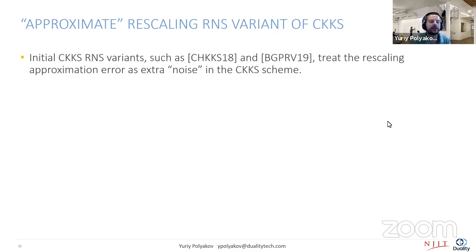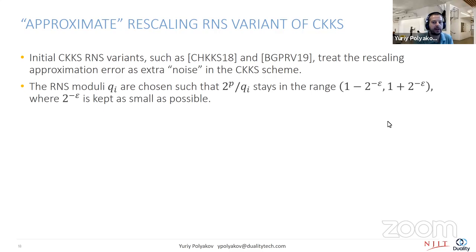So in the initial CKKS RNS variants, essentially the one that was implemented in HEAAN RNS and the one that was implemented in PALISADE a while back, this approximation was treated as extra noise. And in HElib, it was handled a little bit differently, and we'll come back to it a little bit later.